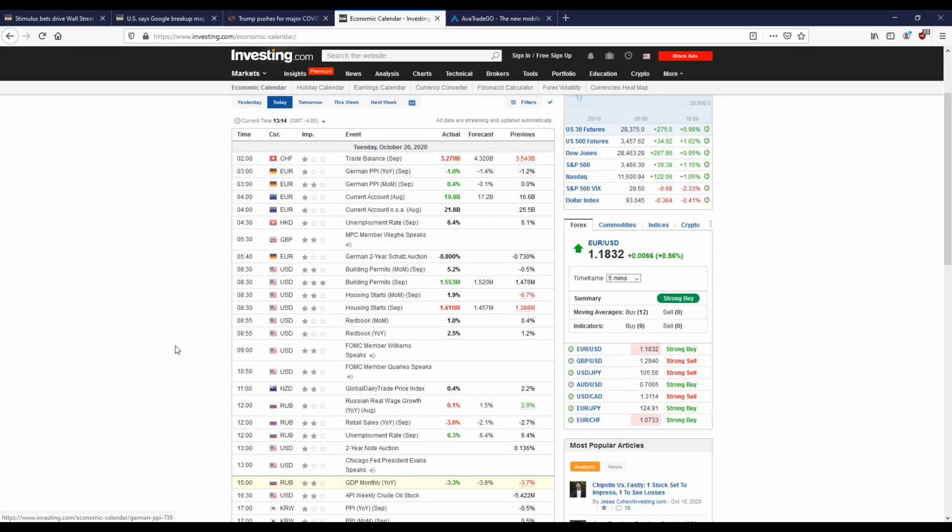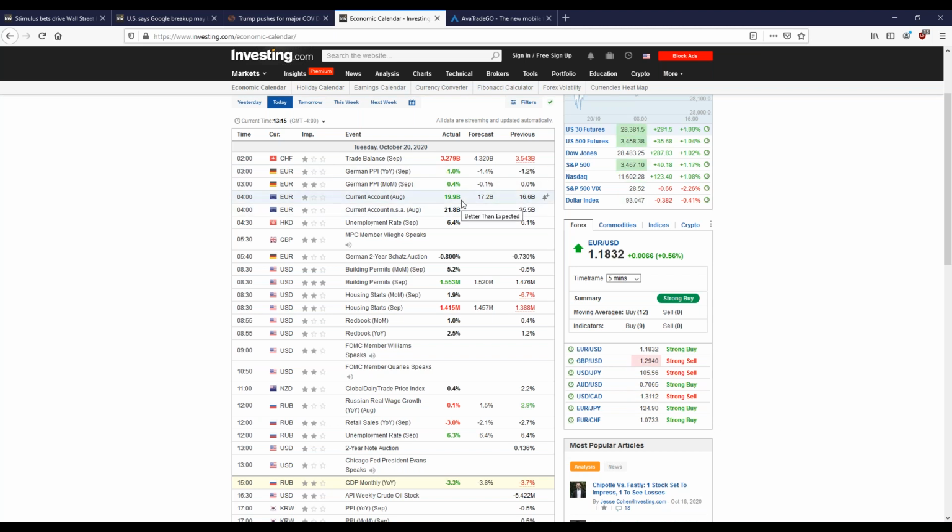What else? Economic calendar. Some good numbers out of the European Union. We'll take a look at the technicals on the chart for the euro soon. We see PPI numbers higher than expected. They were expected to be negative, and they were actually positive, almost 0.5%.